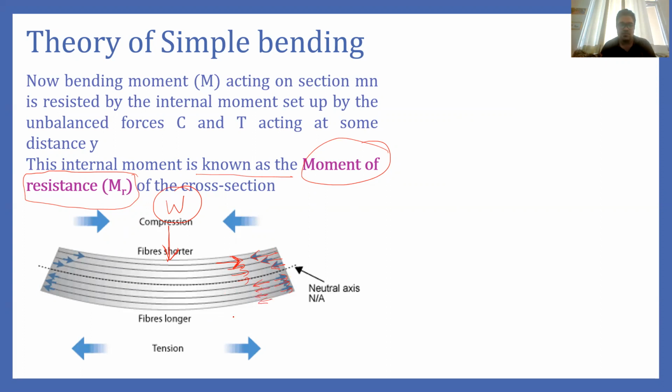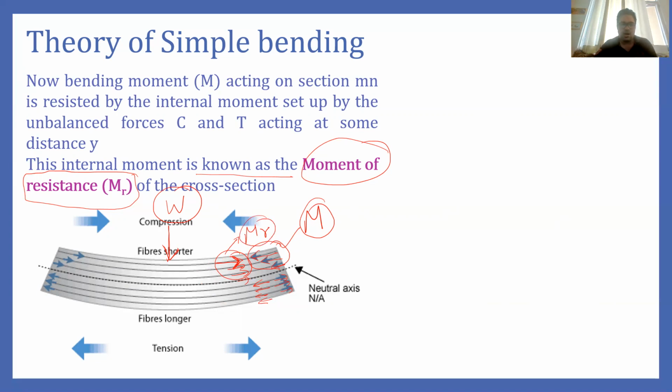This is because of the action and this is because of the reaction. The moment created by this is called the external moment, and because this moment is resisted by the internal fibers of the beam, it is termed MR, moment of resistance.